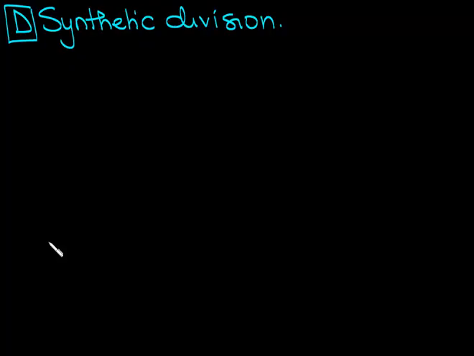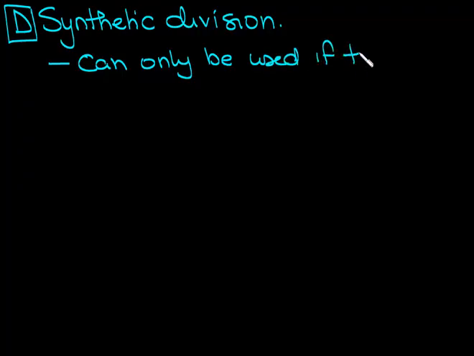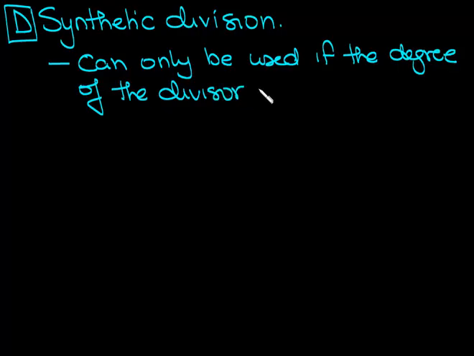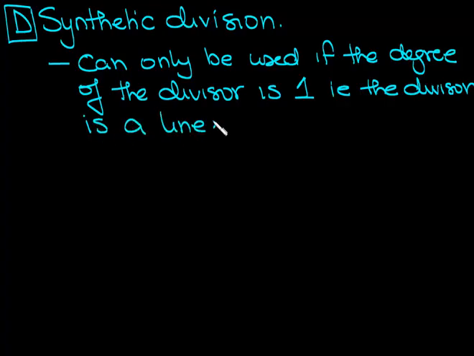Synthetic division can only be used if the degree of the divisor is 1. That is, the divisor is a linear polynomial. So that's the only time it works. That is one of the most important things about synthetic division.